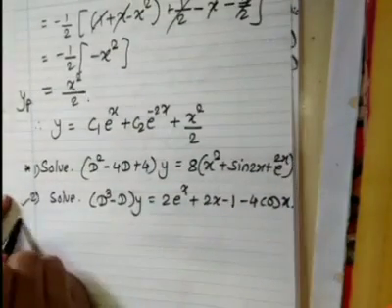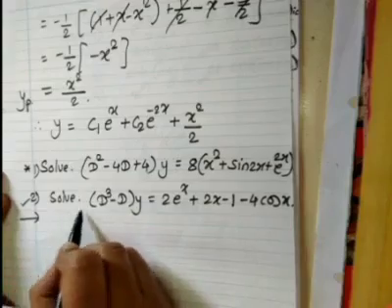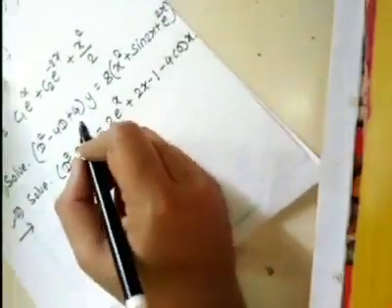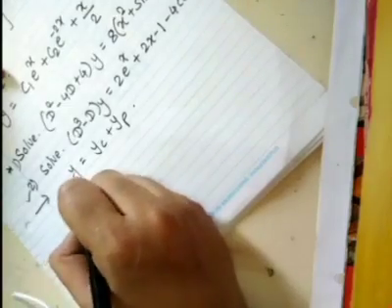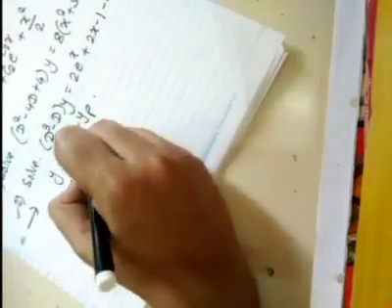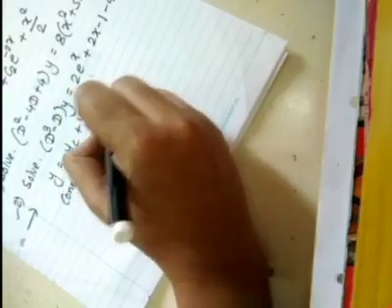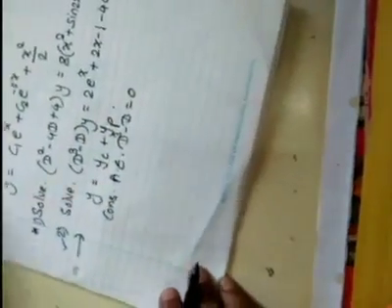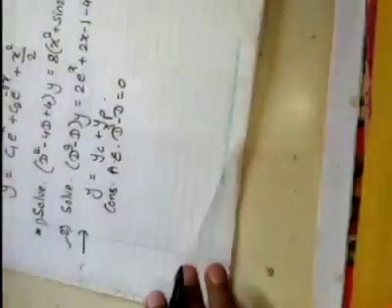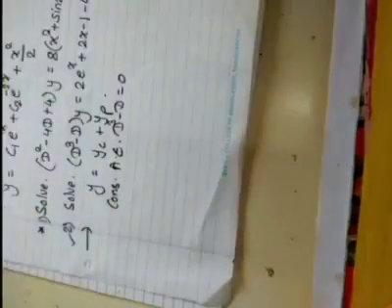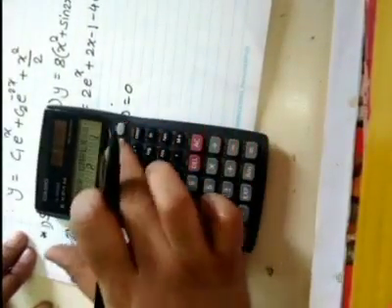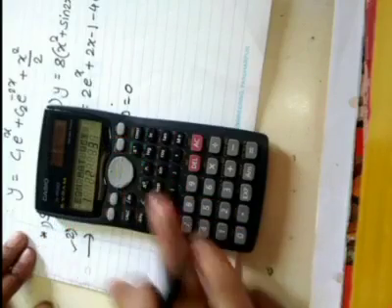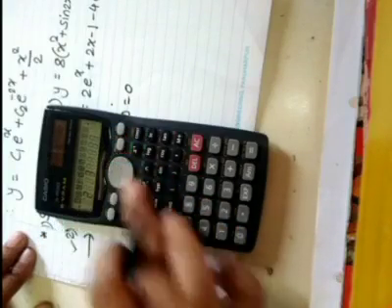Okay, we'll solve it. The general solution of it is y equal to yc plus yp. To find yc, we have to consider the auxiliary equation, that is D cube minus D equal to 0. So what are the roots for this equation? We will use the calculator.